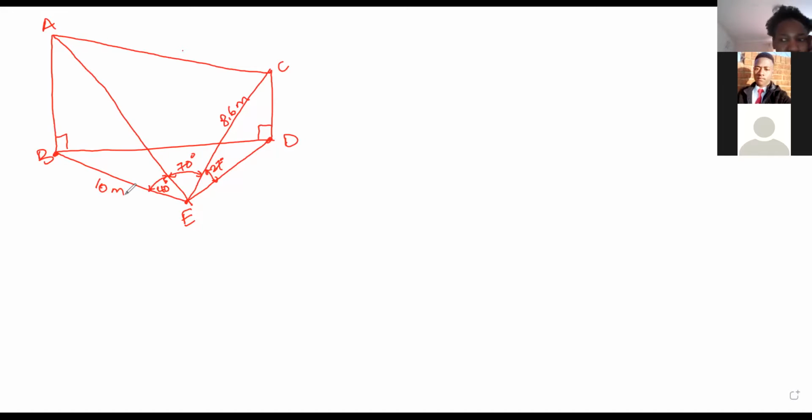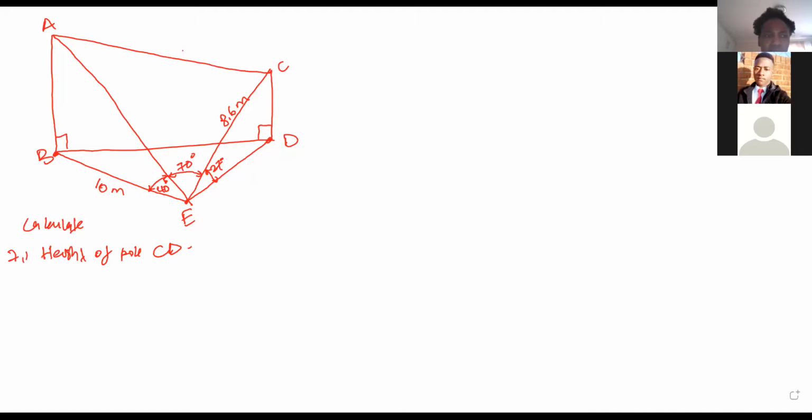Angle AEB is 40 degrees. Angle AEC is 70. Angle CED is 27. Then they say calculate 7.1, the height of pole CD. So we want the height of CD, okay?